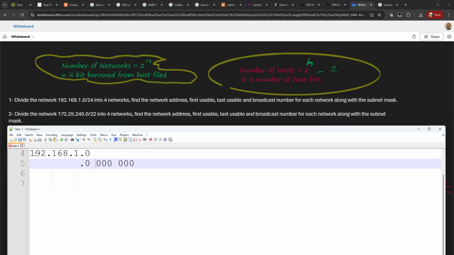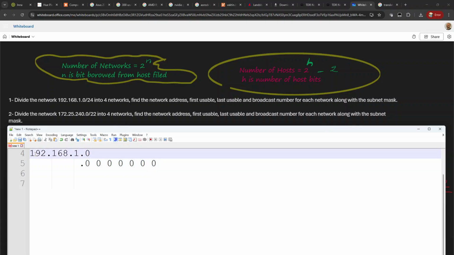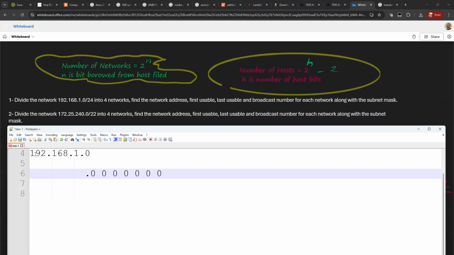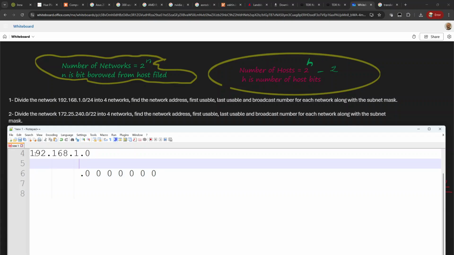I'm going to include some space because I need to use the power of 2 on top of those bits right here. Let's do it like this. So the bit positions are 128, 64, 32, 16, 8, 4, 2, and 1.